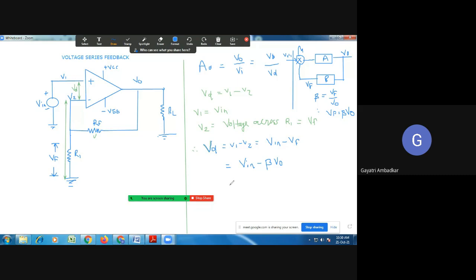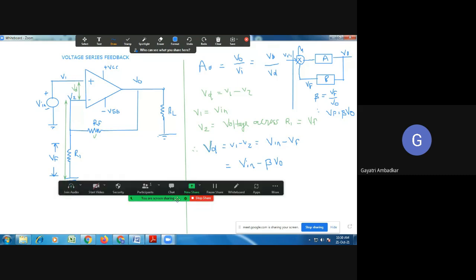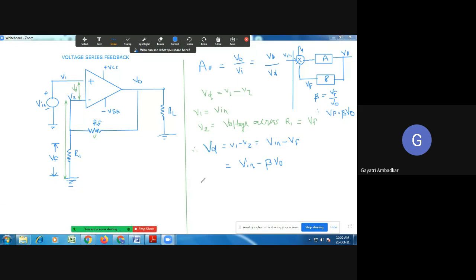Now what was our gain? Let's write the same thing in terms of gain. Call this gain equation 1 and this equation 2.